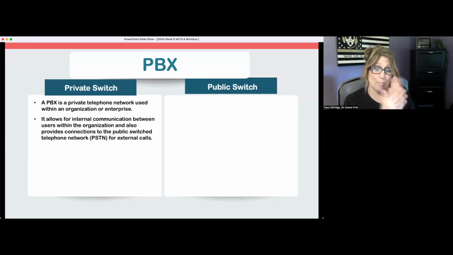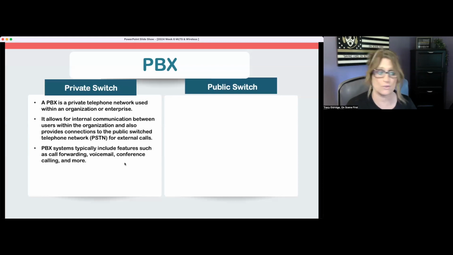It allows you to go back and forth between extensions, but it also allows you to leave the building and go to the end office, wherever it needs to go to make that call get to its endpoint for external calls also. PBX systems typically include features such as call forwarding, voicemail, conference calling, and more.